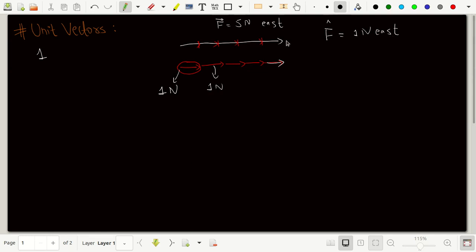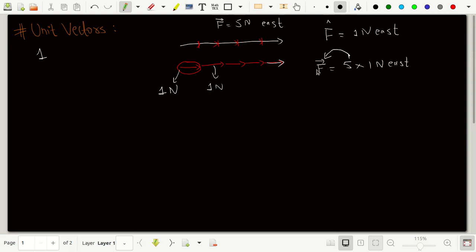So I can write it in this way. Suppose I have written my force to be 5 newtons, so I can write it as 5 into 1 newton towards east. The 5 is nothing but the magnitude, all the numbers are magnitudes, and this magnitude belongs to the particular vector.